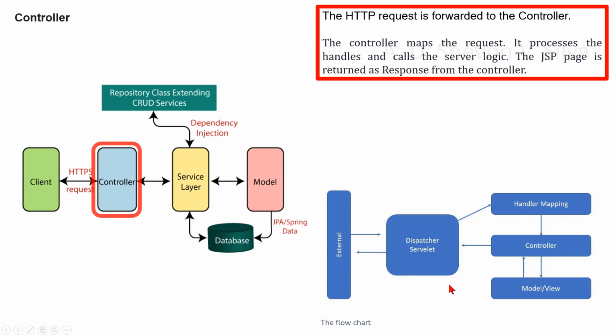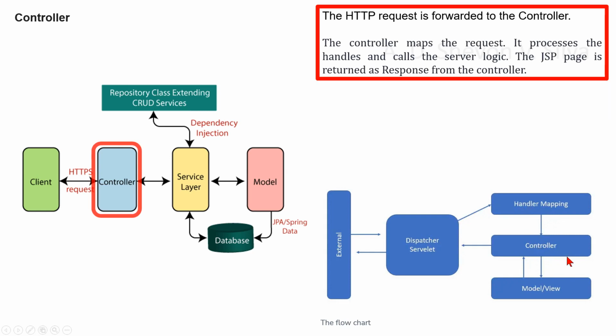Step 2, in this step, the dispatcher servlet will try to find out the respective controller for this HTTP request with the help of handler mapping. After knowing the controller name which can handle the request, the dispatcher servlet will transfer that request to the respective controller.